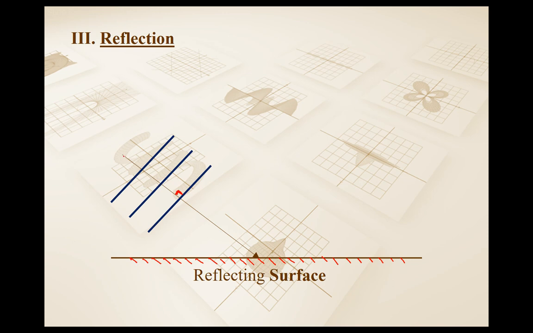So we're just going to focus on the wave energy that's going to hit this wall. The ray, which represents the direction of the energy transfer, the one that is going to approach the reflecting surface, is what we're going to refer to as being the incident ray.